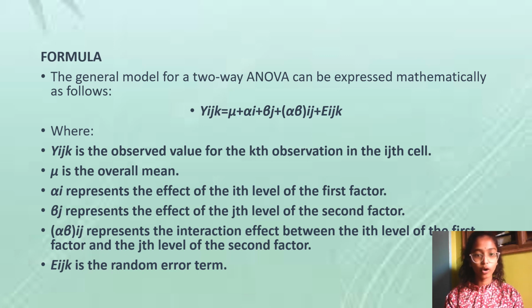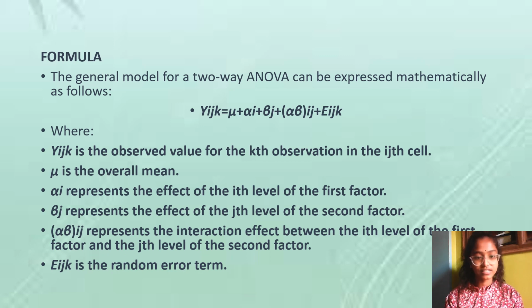Now let us see the formula of two-way ANOVA. The general model for two-way ANOVA can be expressed mathematically as follows. Yijk = mu + alpha_i + beta_j + (alpha*beta)_ij + eijk, where Yijk is the observed value for the kth observation in the ijth cell. Mu is the overall mean.